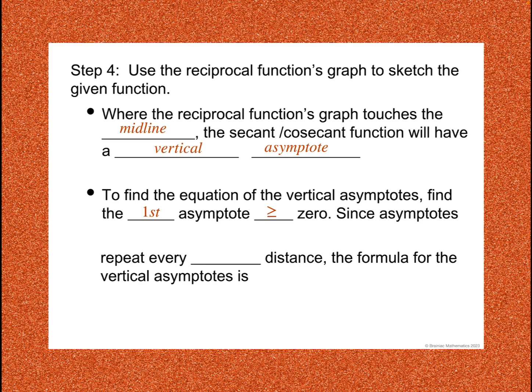Since asymptotes repeat twice in a period, or repeat every period divided by 2 distance, the formula for the vertical asymptote would be x equals the first non-negative asymptote plus the distance between them times n, where n is an element of the integers.